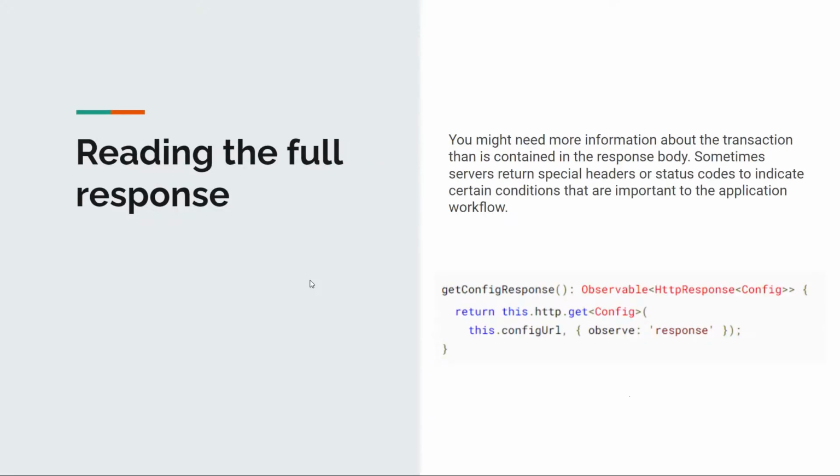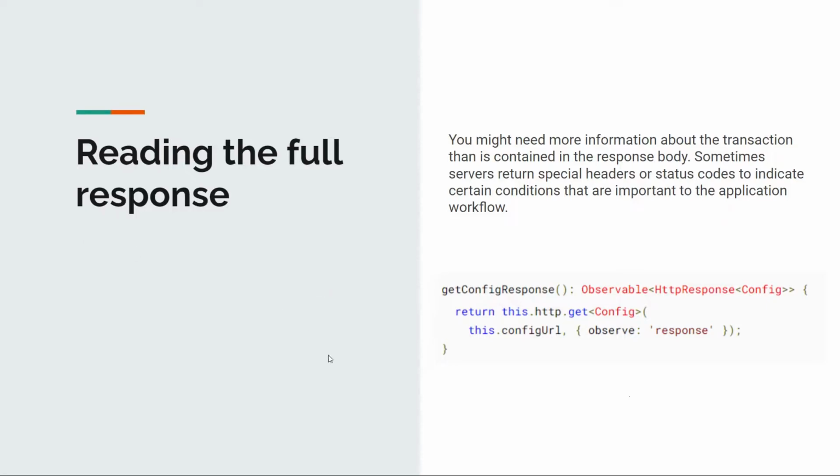And the next topic is reading the full response. Sometimes, as I said earlier, you might need more information about the transaction than is contained in the response body. Sometimes the server returns special headers or status codes to indicate certain conditions that are important to the application workflow.